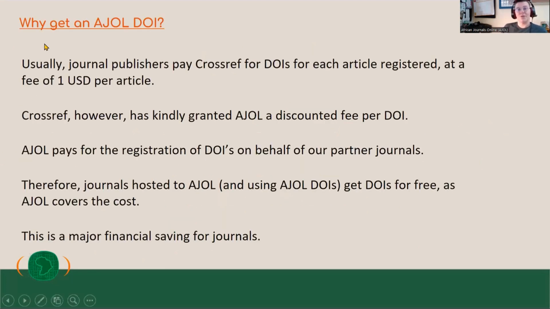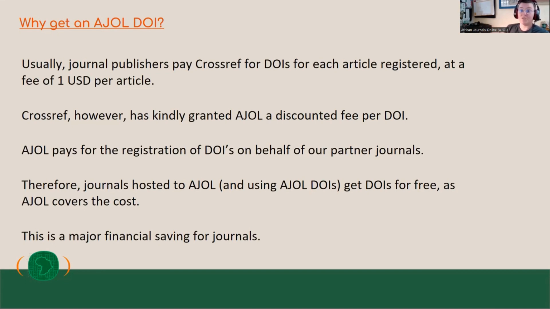Right, so usually when you get a DOI, which is a form of persistent identifier, publishers pay Crossref a fee of about $1. However, Crossref very kindly has granted AJOL a discounted fee, and we pay for the registration of the DOIs on behalf of our partner journals. So if you are on AJOL and you want DOIs, they are free to you. We cover that cost.